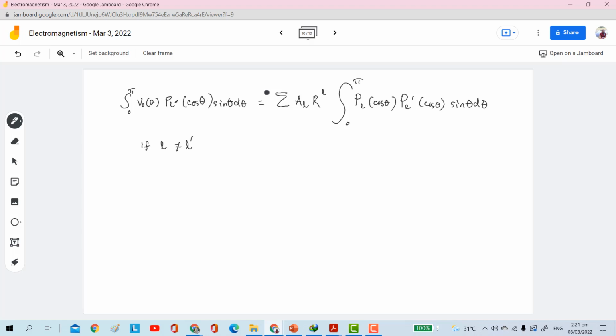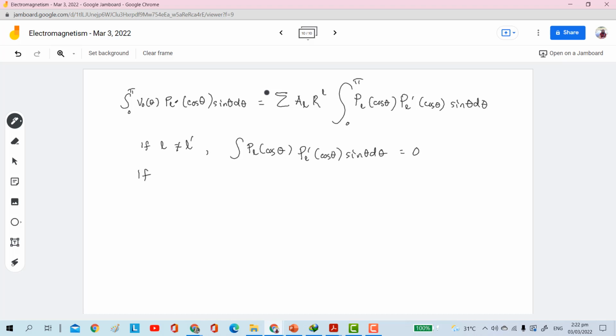If L is not equal to L prime, then the integral will become 0. The integral of P sub L cosine theta, P sub L prime cosine theta, sin theta d theta is equal to 0.